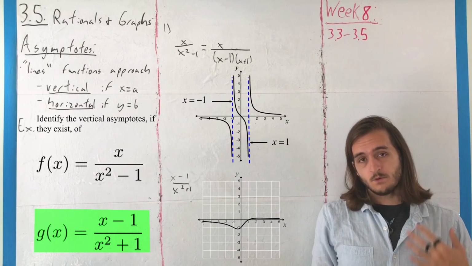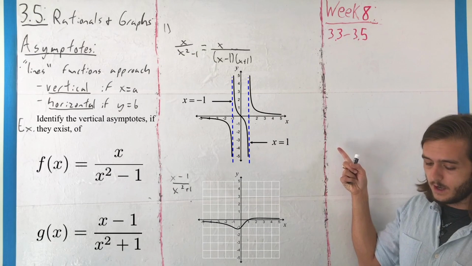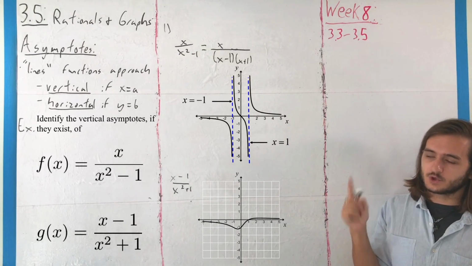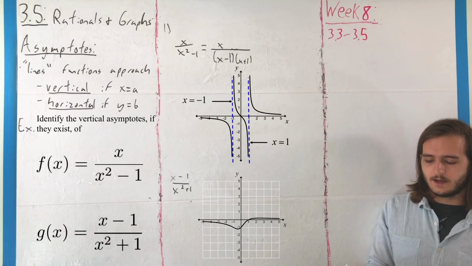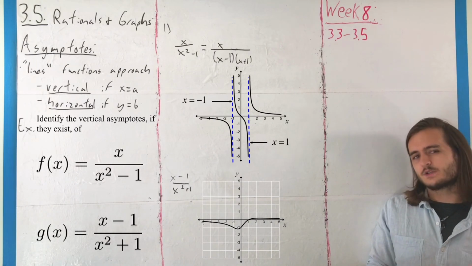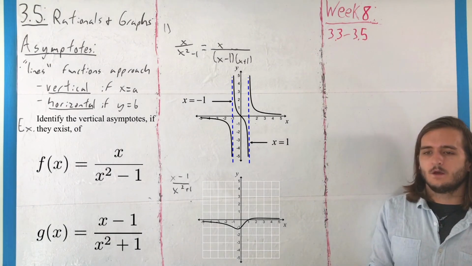What we can notice here, though, is that in our first case, as we let x approach negative infinity, it seems like it's approaching 0. As we let x approach positive infinity, it also seems like it's approaching 0. And the same sort of thing happens with this one.